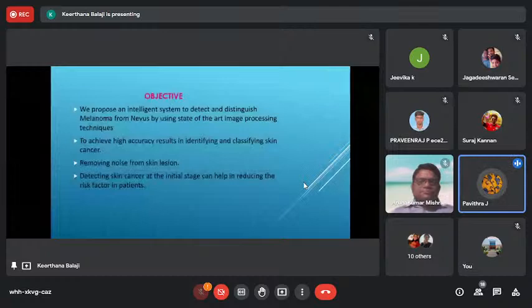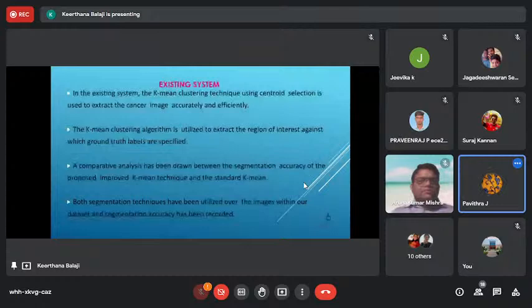A comparative analysis has been drawn between the segmentation accuracy of the proposed improved K-mean technique and the standard K-mean. Both segmentation techniques have been utilized over the images within our data set, and segmentation accuracy has been recorded.